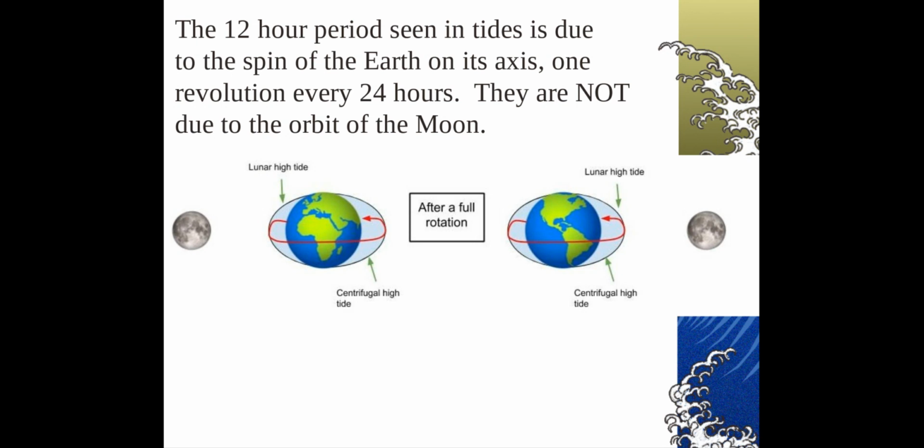The 24-hour period of the tides is due to the spinning of the Earth on its axis. There's one revolution every 24 hours. It is not due to the orbit of the moon. However, it's also not exactly 12 hours.